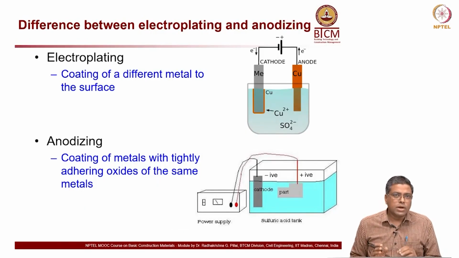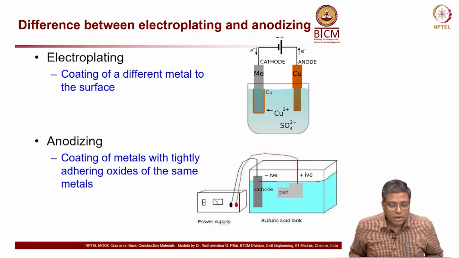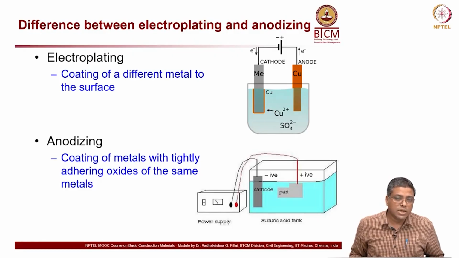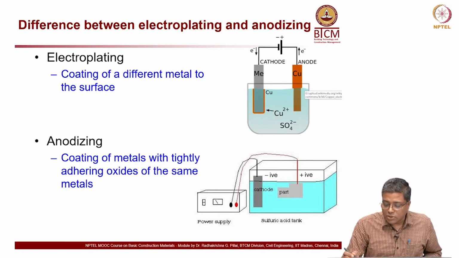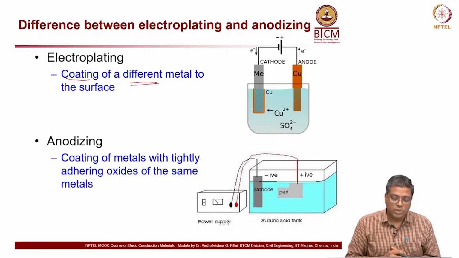Okay. Now, let us look at the difference between, this is electroplating, you might have heard about this in your earlier schooling, right. So, let us see the difference between electroplating and anodizing. What is electroplating? Electroplating is essentially coating of a different metal to the surface. Okay.